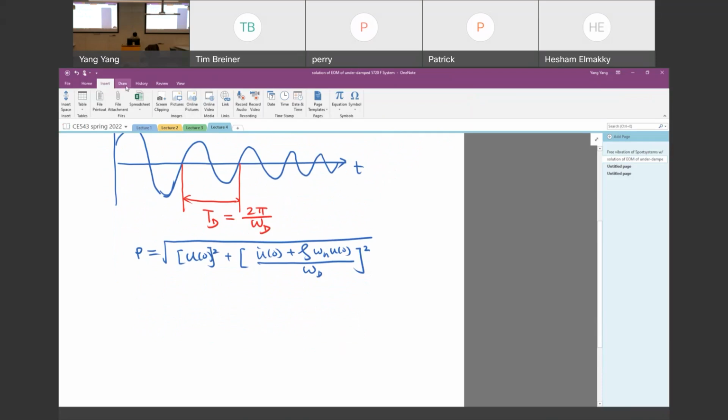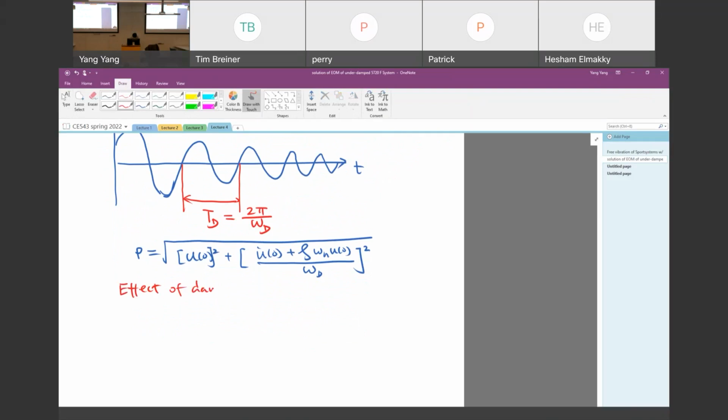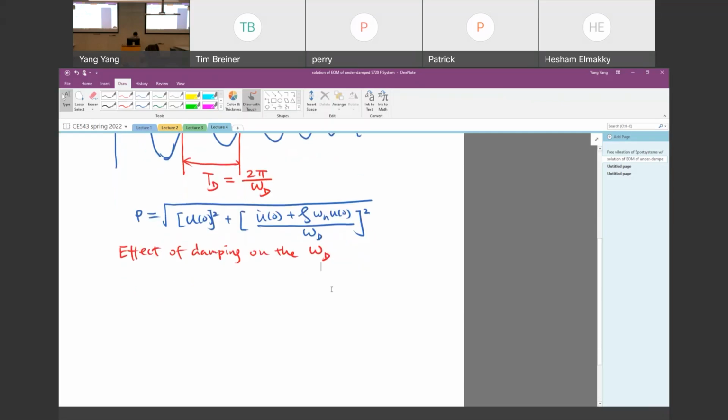And another important feature we would like to inspect here is the effect of damping on the natural frequency, the damped natural frequency.